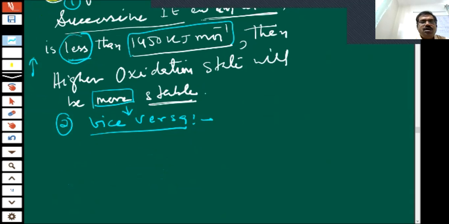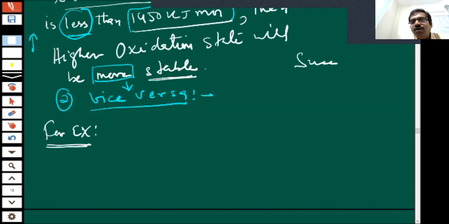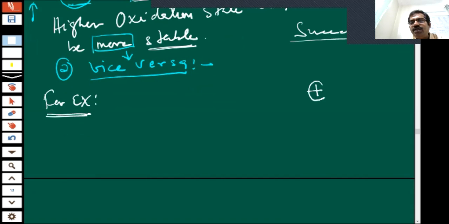Let us use an example. Unless we see an example we cannot understand. Before that, let me explain you successive ionization energy. Suppose one atom is there, children.